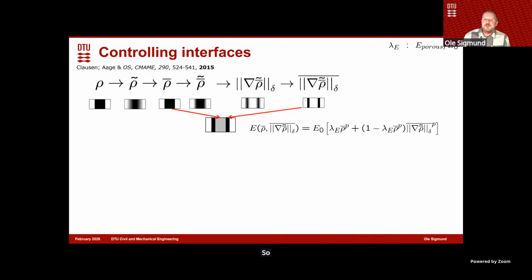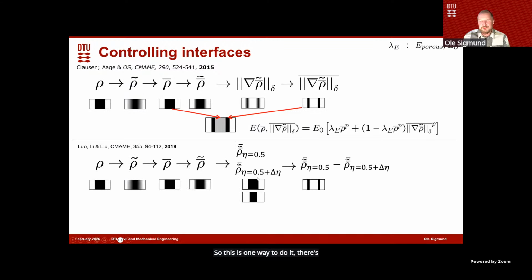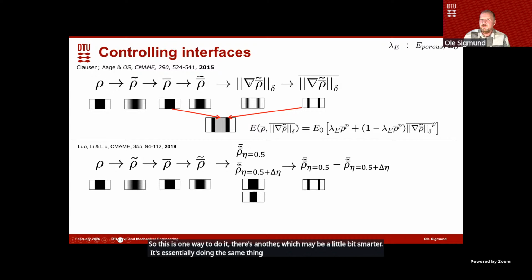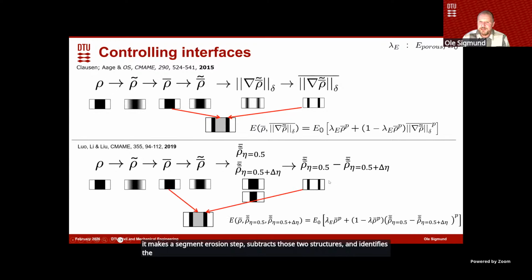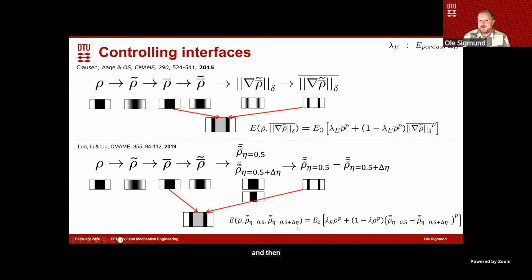So this is one way to do it. There's another which may be a little bit smarter. It's essentially doing the same thing, but instead of computing the gradient norm, it makes a second erosion step, subtracts those two structures, and identifies the edges in that way, and then uses a similar Young's modulus interpretation.